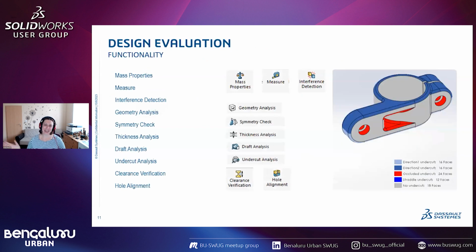So, and now the final part, really a bit underestimated, that's the design evaluation. You cannot tell that your design is fulfilling the requirements if you haven't tested it. So we have many different tools in SolidWorks that can help us test. One is mass properties.